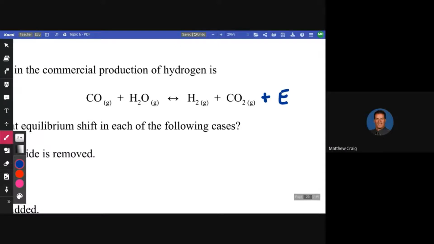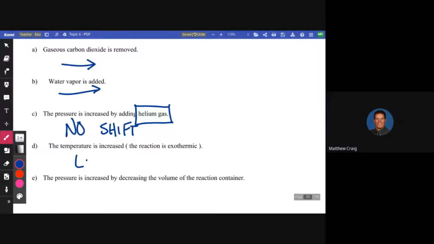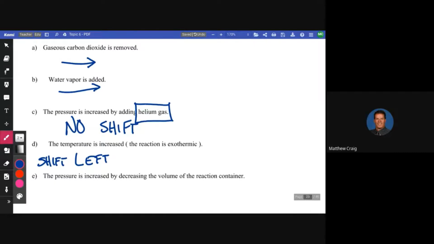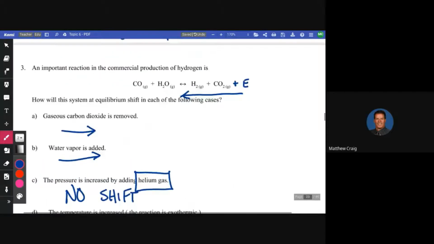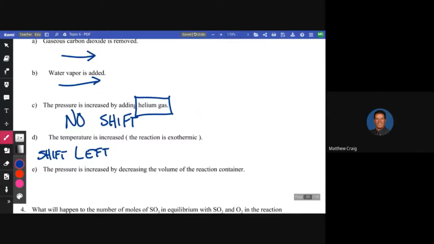So in this case, since I'm adding more energy, we will shift away from the addition. Therefore, the reaction shifts left. And in this case, the K will change. Equilibrium constant. E says the pressure is increased by decreasing the volume of the reaction container. Again, we have 2 and 2, no shift.